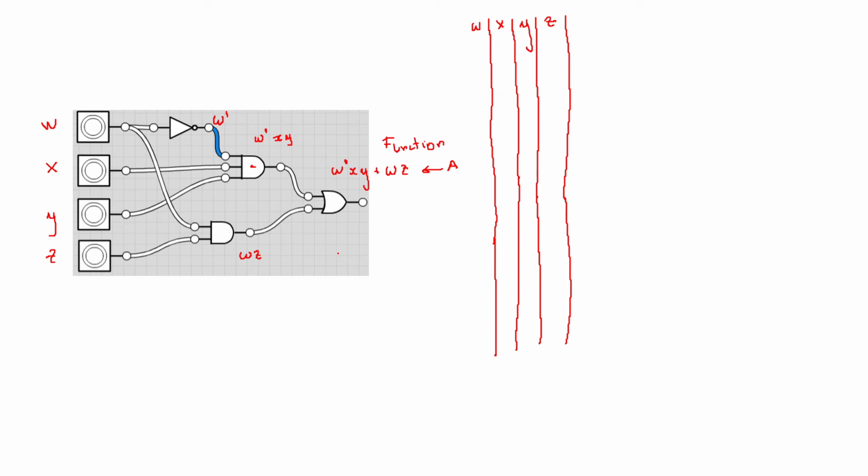Okay, so we have this, which is the alterations that we should write down. Probably the only one that matters for us is saying not W. That's the first output. Then I've got not W, X, and Y, and I got WZ.